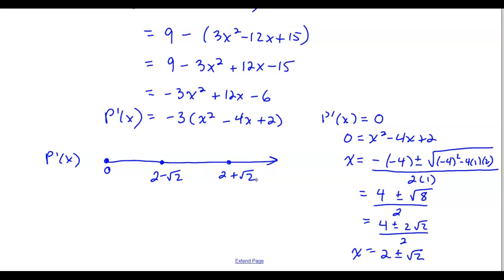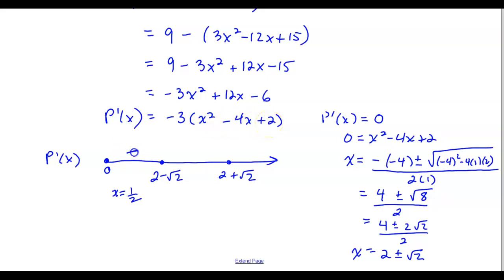Okay, so putting a value in for x, I said this would be like 0.6-ish, so let's do something like 0.5, which would be a half. So negative times a half squared is 1/4, minus 4 times a half is minus 2, so that's 1/4 minus 2 is negative 1 3/4, plus 2 is a positive.